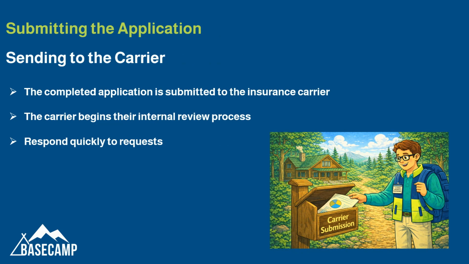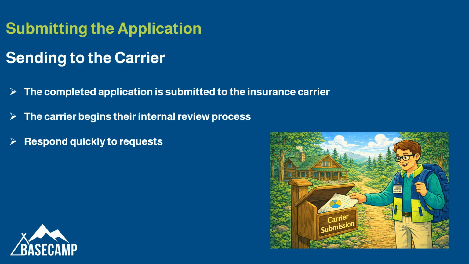Once the application and supporting documents are completed, the next step is submitting the case to the insurance carrier. As the slide highlights, the completed application is sent to the carrier, so their internal review process can begin. This submission typically includes the application itself, along with any required supporting documents, such as transfer forms or account statements if funds are being moved from another institution.